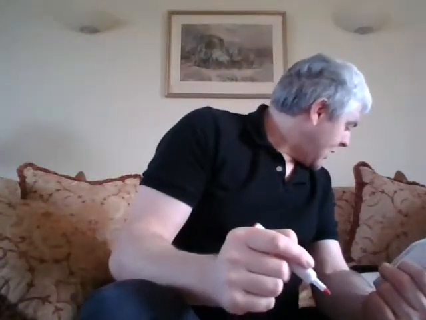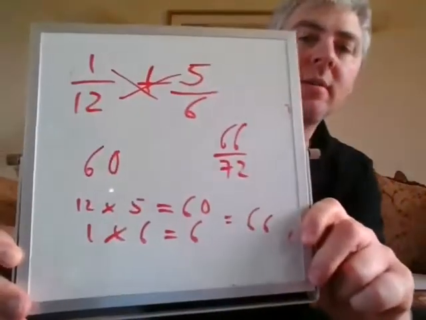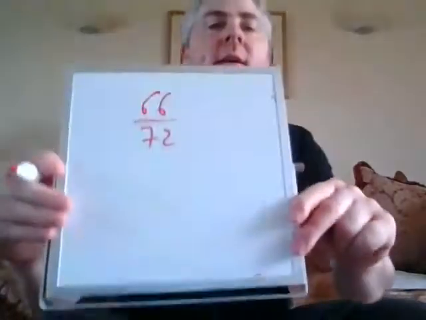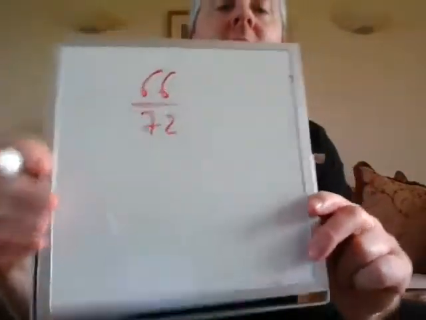So then you just say 66 over 72, because 12 and 6 go into 72. So the answer then becomes 66 over 72. That's the answer, but you can cancel that one down, so it's not the final answer again.